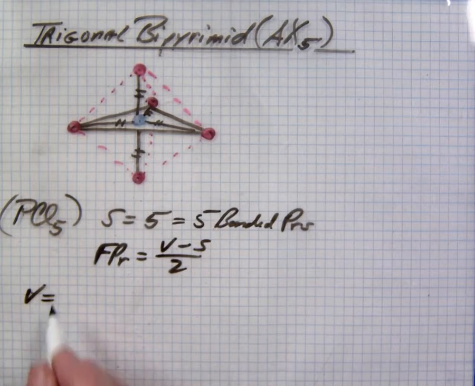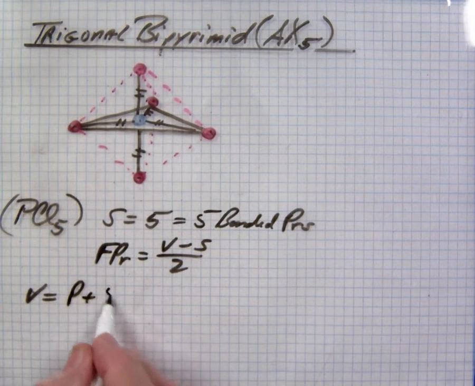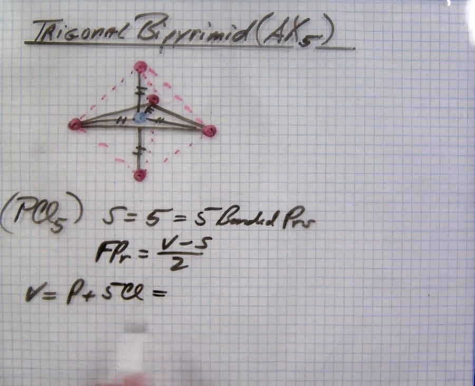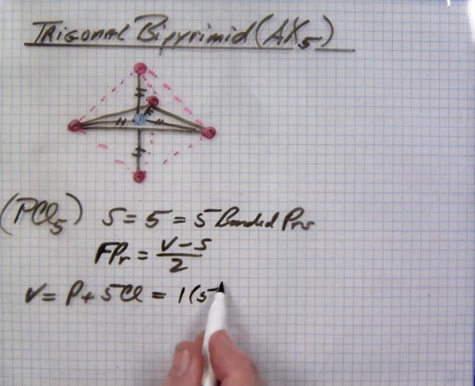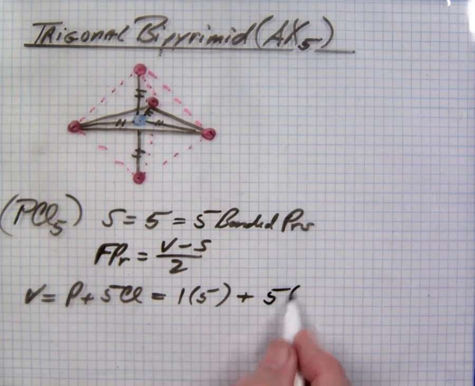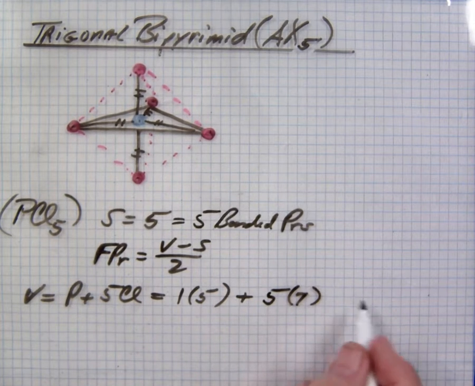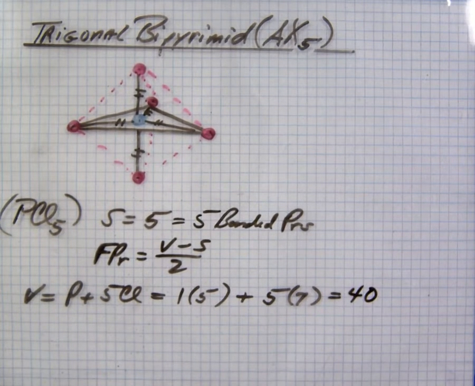Well, let's see, the valence is phosphorus plus 5 chlorines. Phosphorus is in group 5, right under nitrogen, and so it has 5 valence electrons. Chlorine, group 7, we have 5, 35, 40 is our valence number.